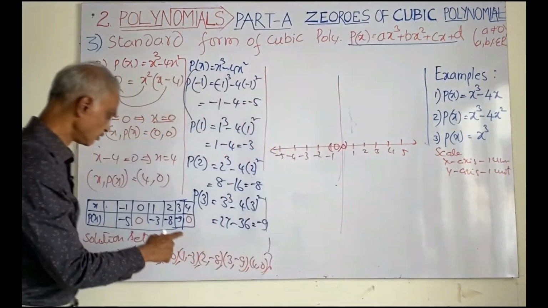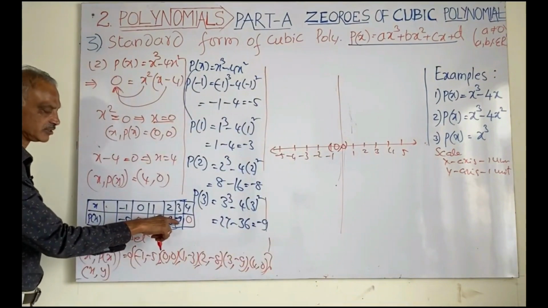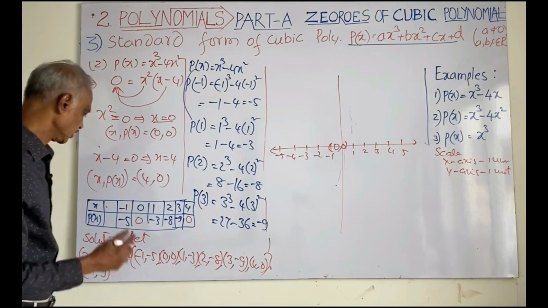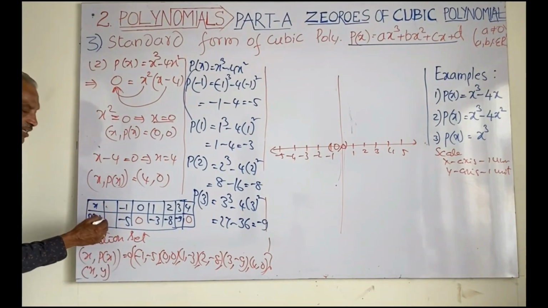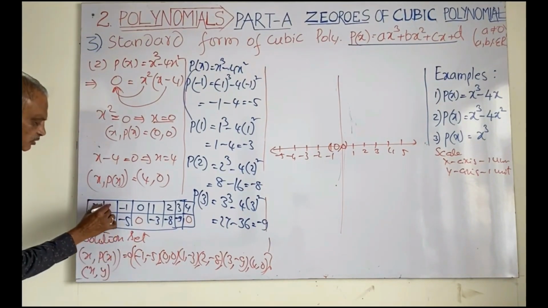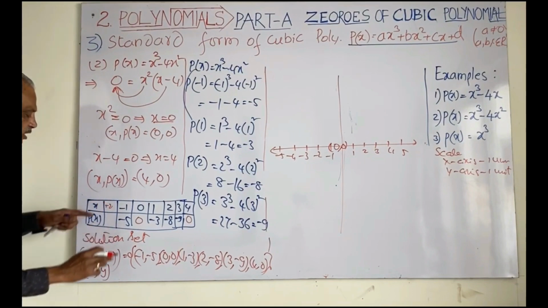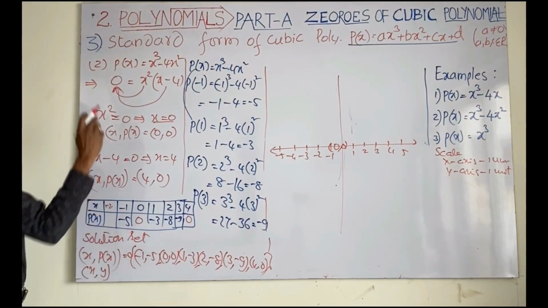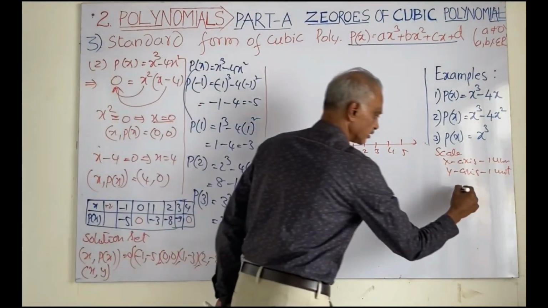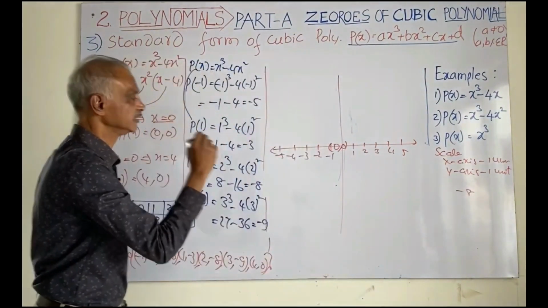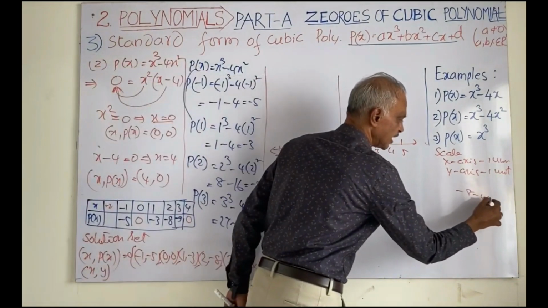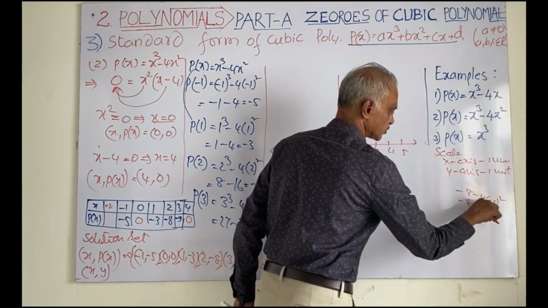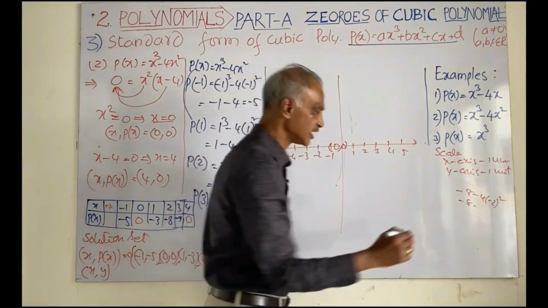Why? Because on the y-axis 9 units are there. If I take minus 2, then minus 2 cube is minus 8. Minus 8 minus 4 into minus 2 square, which is 4, 4 times 4 is 16.